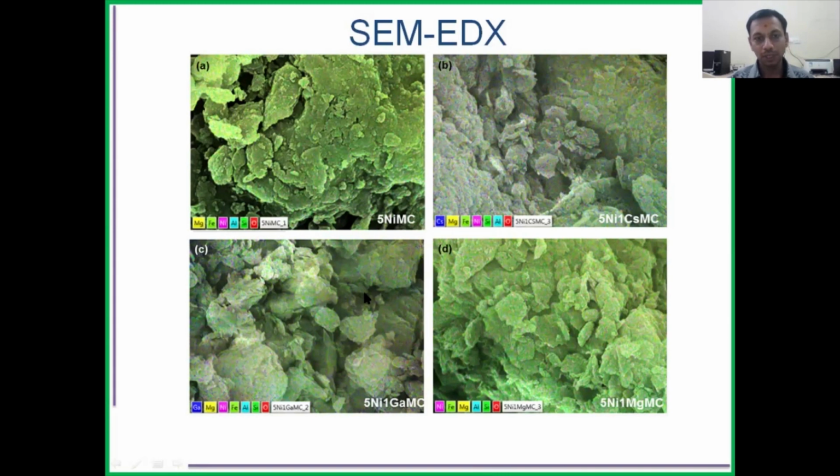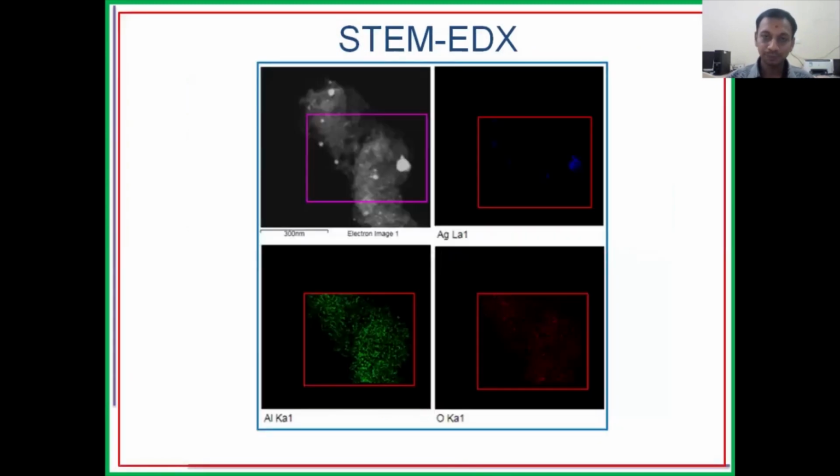Here, see here, nickel is also present, Fe is also present, magnesium is, and with this image you can get the spectrum also. So you can have a very good idea from the spectrum as well as the images.